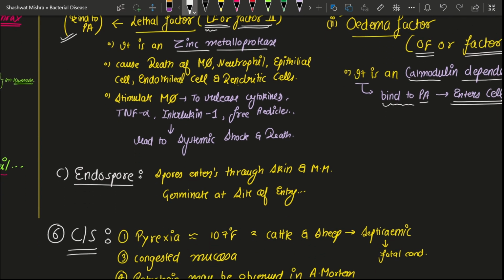It causes the death of the macrophages, the neutrophils, the epithelial cells, the endothelial cells, and the dendritic cells, which are also antigen presenting cells, the APCs.